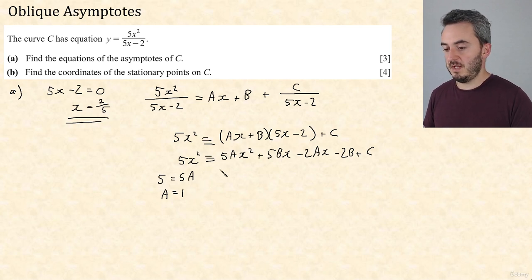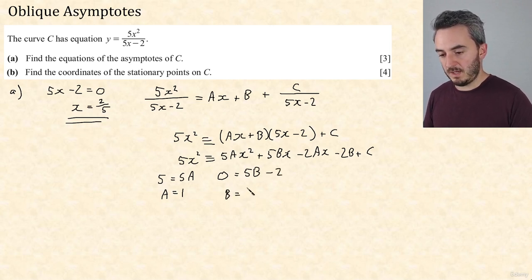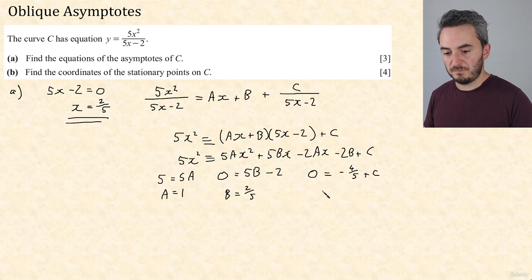Coefficient of x on the left is 0, and on the right, it's 5b minus 2a, so that's just minus 2, and I'm going to get that b here is 2/5. Finally, the coefficient of the constant on the left is 0, and on the right, it's minus 2b, so that's minus 4/5 plus c. And so c is 4/5.